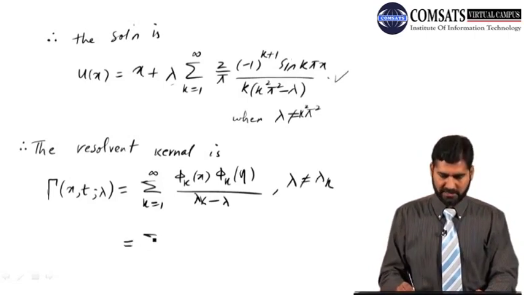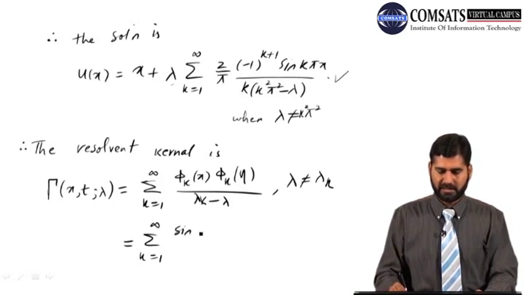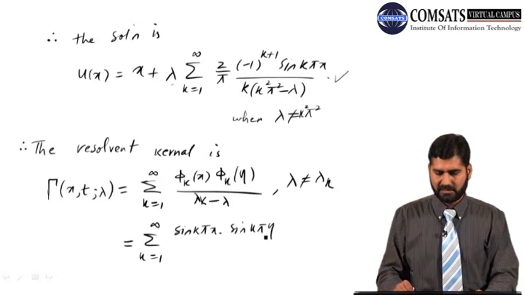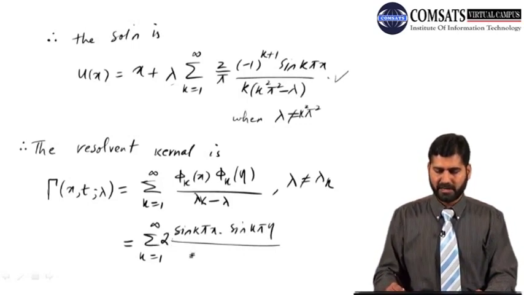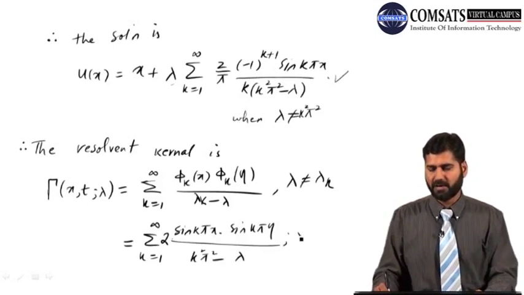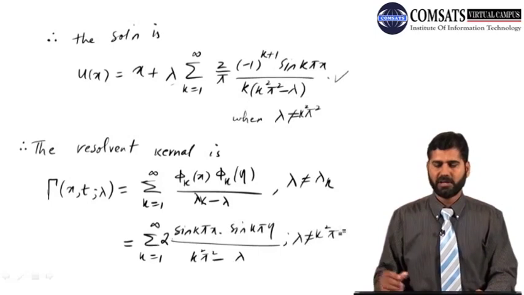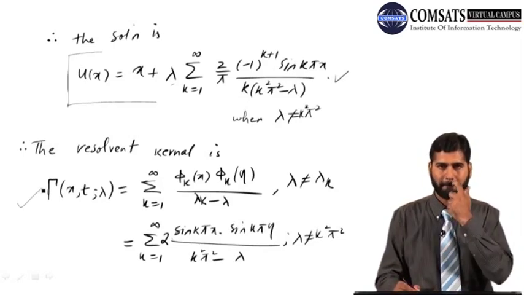If you want to write this in terms of our eigenfunctions, these are sine k pi x sine k pi eta divided by, there will be 2 as well, because square root of 2 and square root of 2 will make it 2, and here k square pi square minus lambda. So lambda is not equal to k square pi square. So this is your resolvent kernel along with the solution, your complete solution with this resolvent kernel.